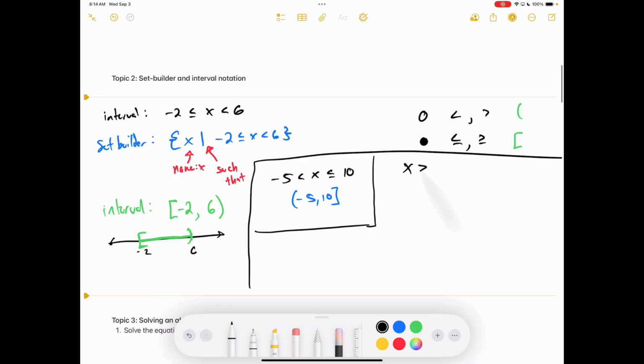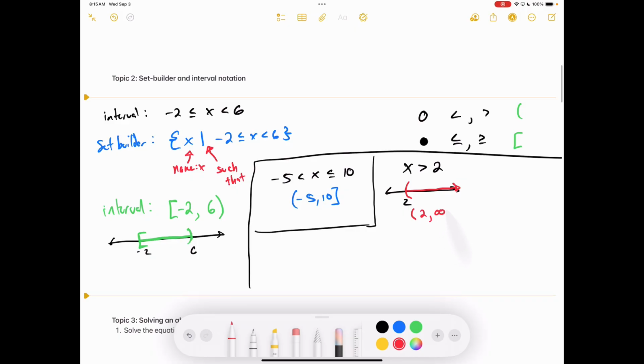When you get into one like x is greater than 2, it is nice if you struggle with this at all to just draw the picture real quick. And this is why I pointed out that if the variable is solved for on the left, which it is most of the time, the arrow goes to the right, so my graph's going to go to the right. I'm going to do a parentheses because it's just greater than. So what I write here is a parentheses at 2, and then it goes forever to the right.